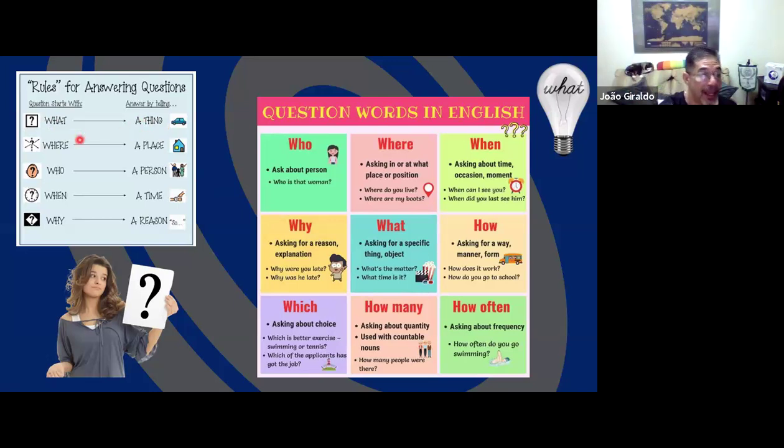Okay? Then we have where. Every time we question where, we are questioning about a place or a location. Our answer, obligatory, will be a place or a location. Where do you study English?